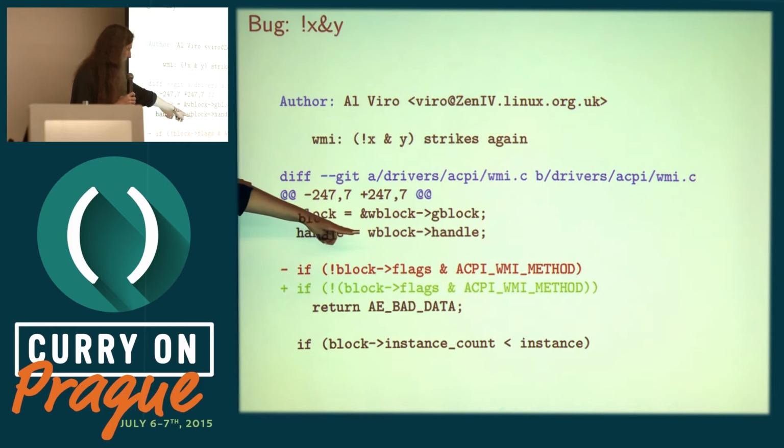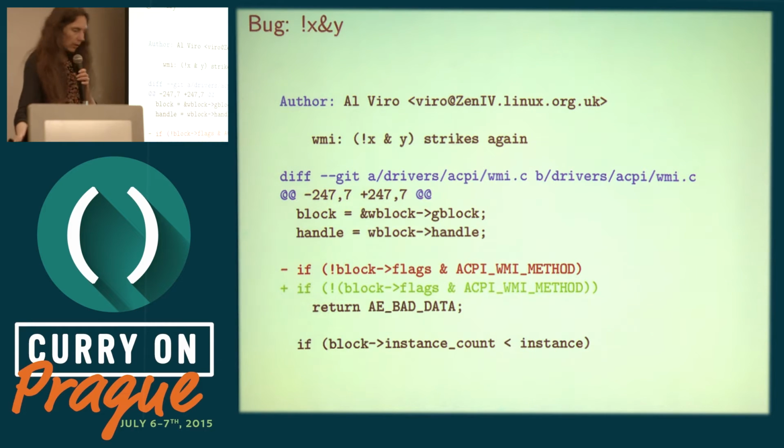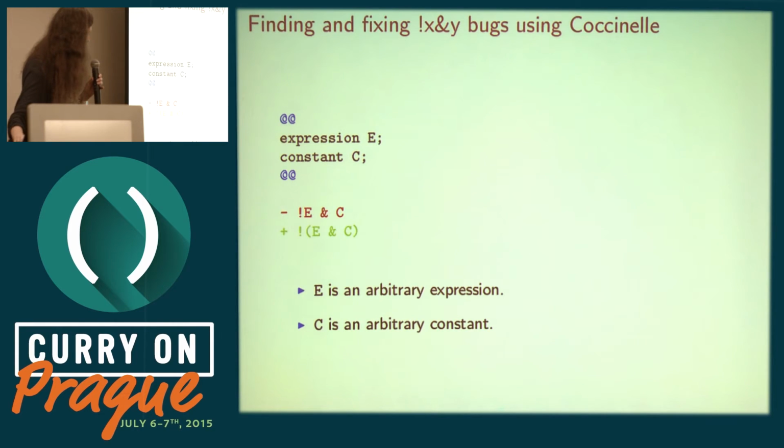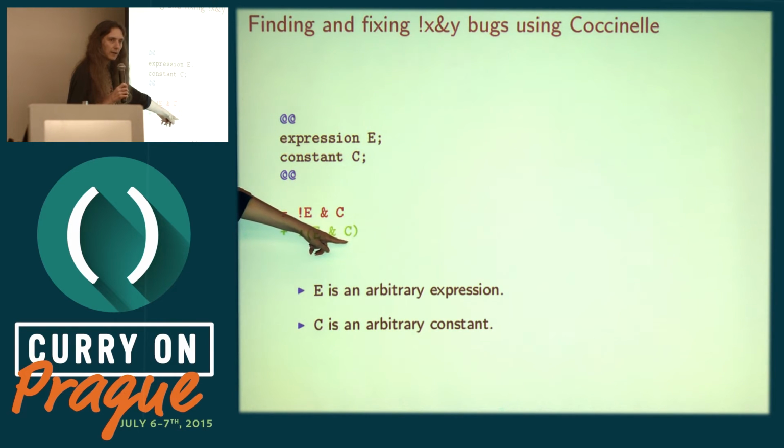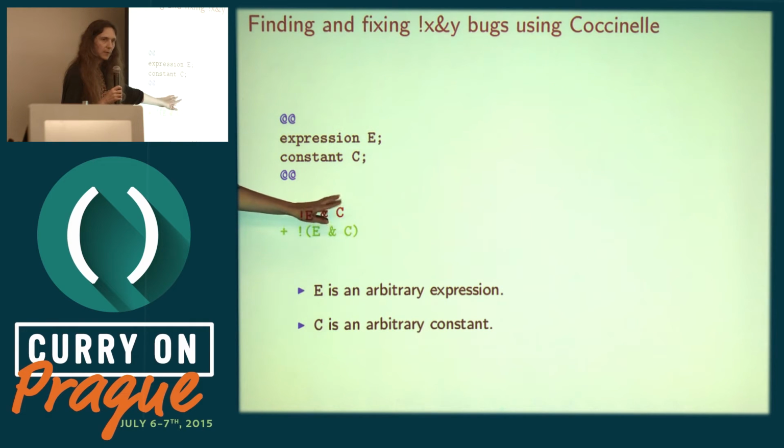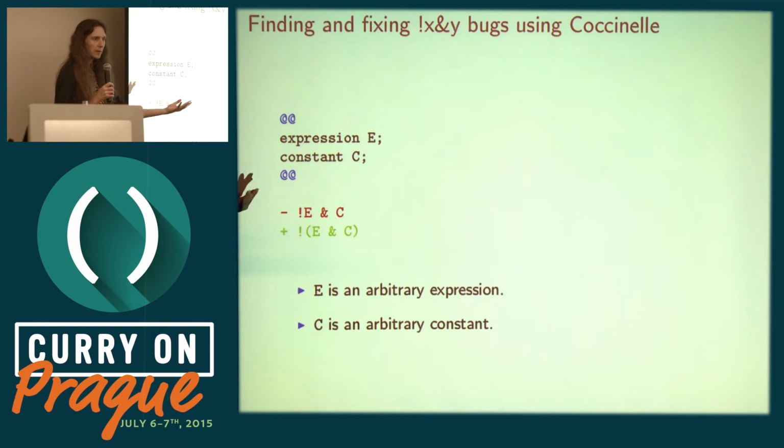Also, in our particular case, we are removing the constant C, and then we are adding back C, and the developer would be quite surprised if this macro, ACPI whatever, would turn into 27. That would not be a desirable feature. So we would like to be able to preserve macros as we're transforming the code.